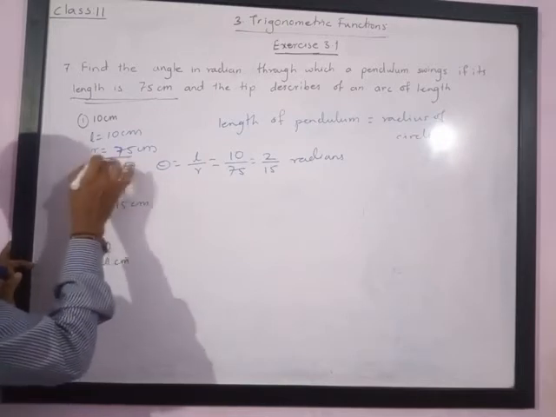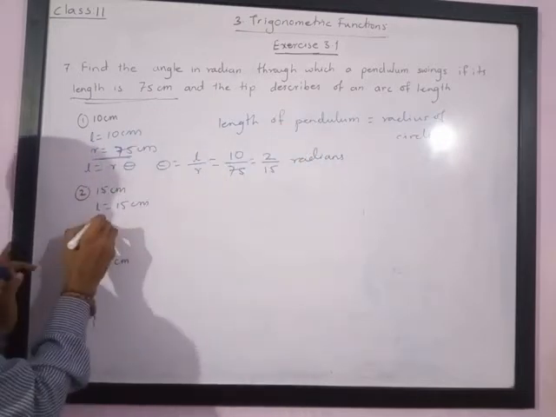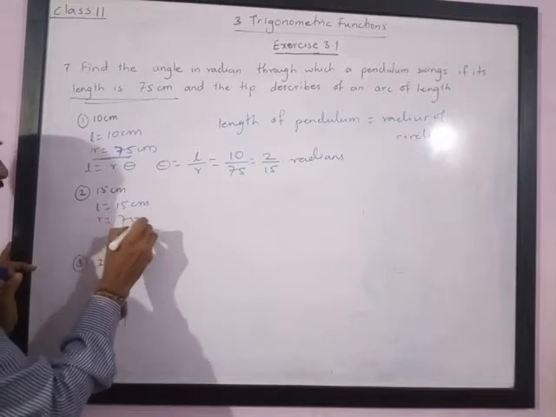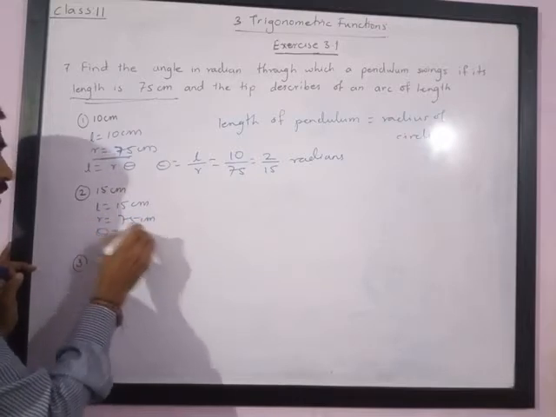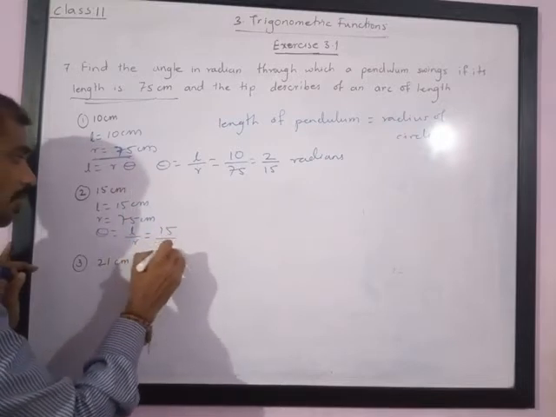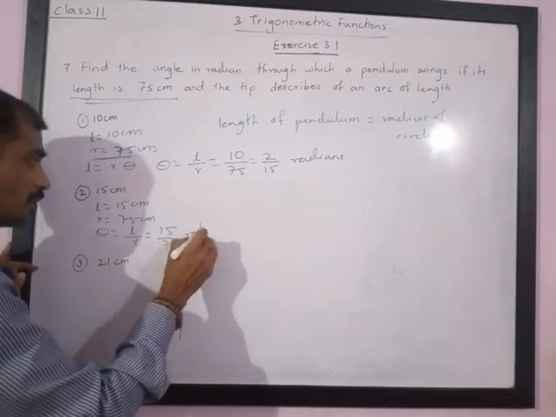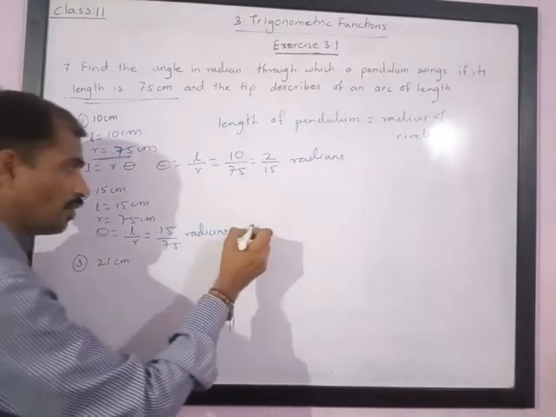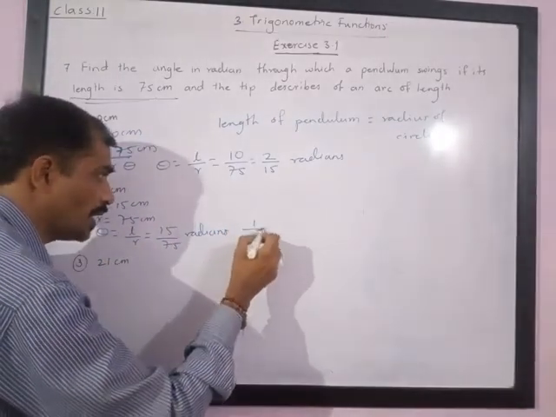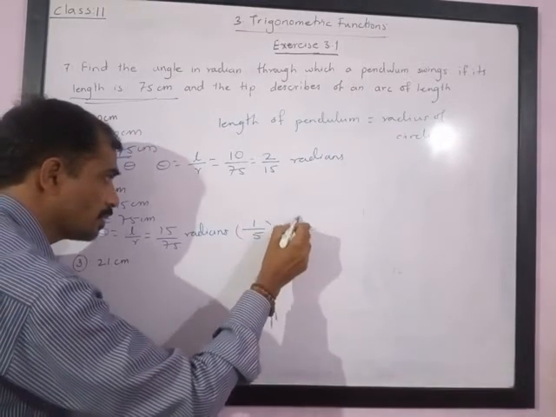Then radius is equal to length of the pendulum, that is r is equal to 75 centimeters, and theta is equal to L upon r. It means this is equal to 15 upon 75 radians. This is again reducible. 15 1s are 15, 15 5s are 75, so 1 upon 5 radians.